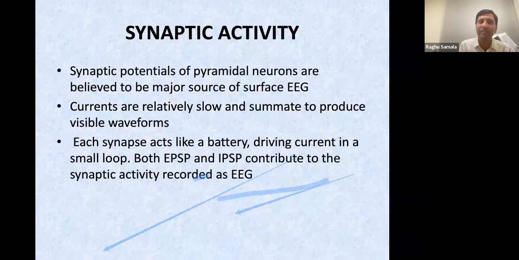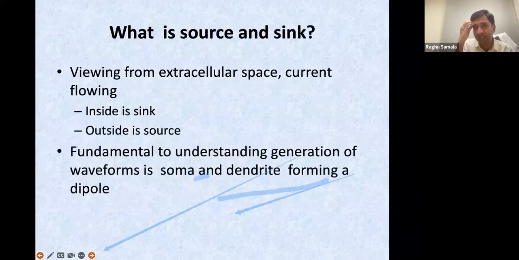So what EEG represents is only the synaptic potentials of the pyramidal neurons, and it is the summated either excitatory or inhibitory potentials. And like I showed you in the diagram earlier, when you are viewing from the extracellular space, current flowing inside is a sink, outside is a source.